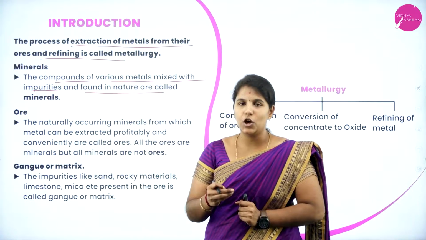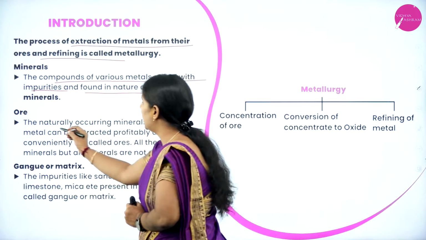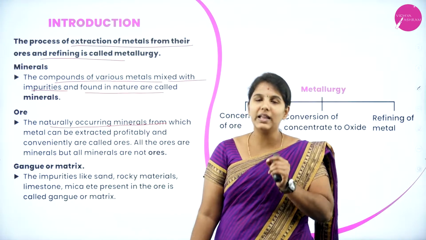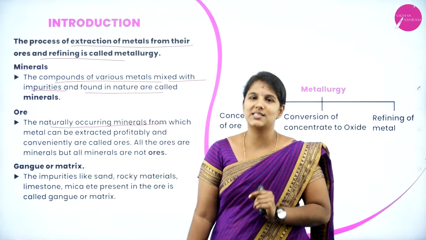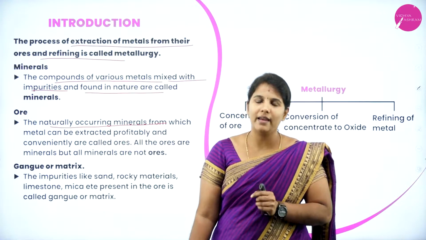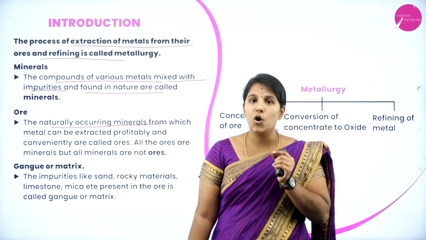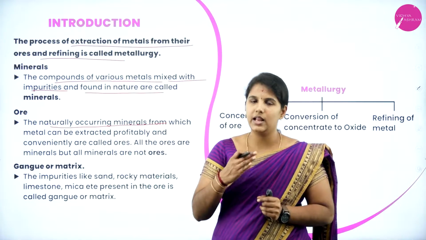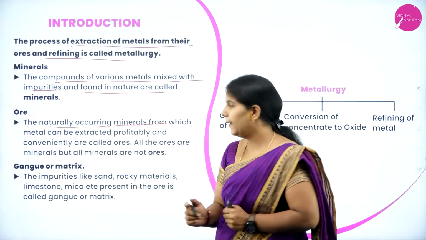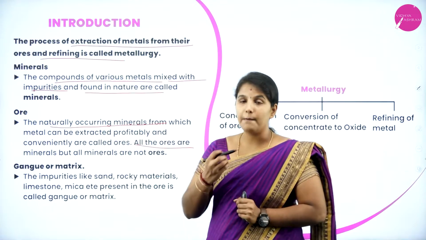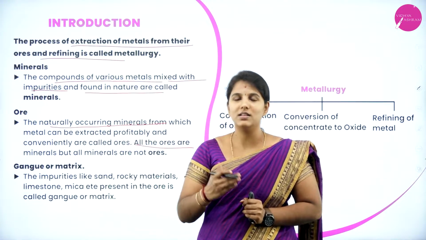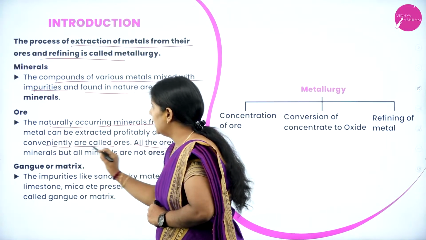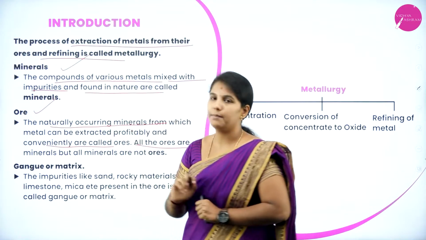Next important terminology is ore. Ore is a naturally occurring mineral from which metal can be profitably or conveniently extracted. Remember, ore is a mineral from which metal can be extracted profitably. And remember, all the ores are minerals, but all minerals are not ores. So these are the differences between ore and mineral.